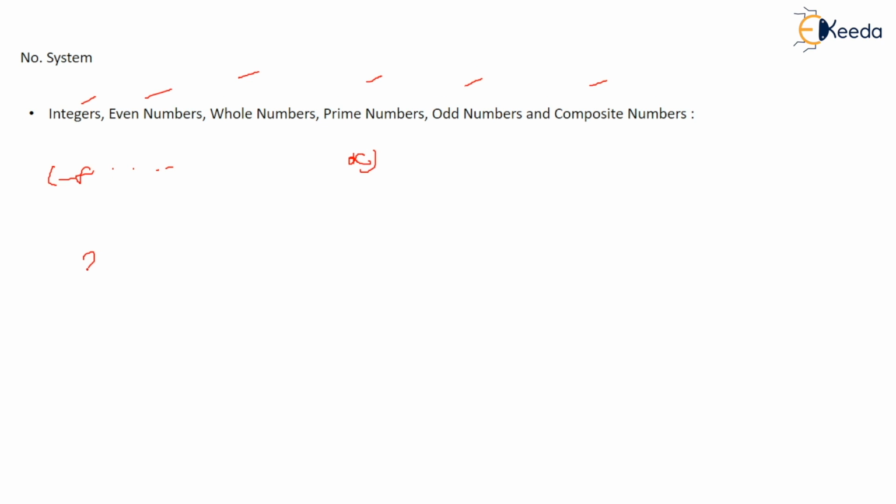Even numbers, as you all know, 2, 4, 6, 8, 10, these all are even numbers, which are multiples of 2. A whole number is something that starts with 0 and goes till infinity. A prime number is a number which is divisible only by itself. Suppose 7. So 7 is only divisible by itself.